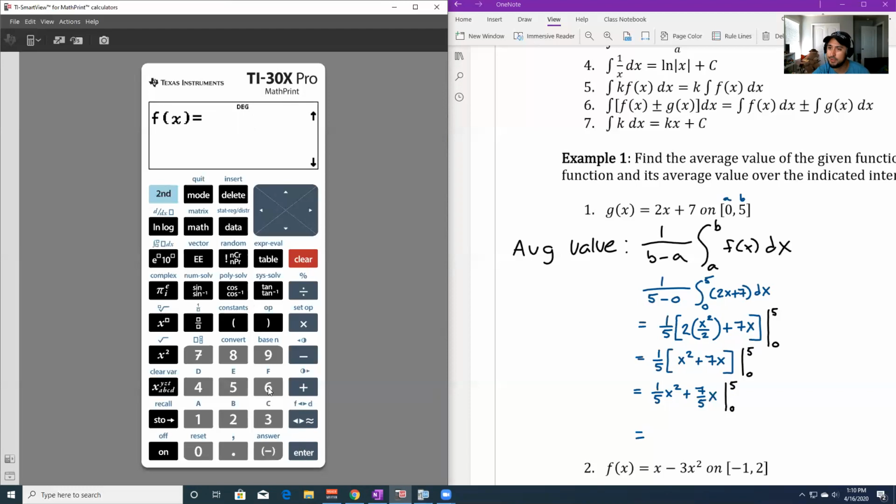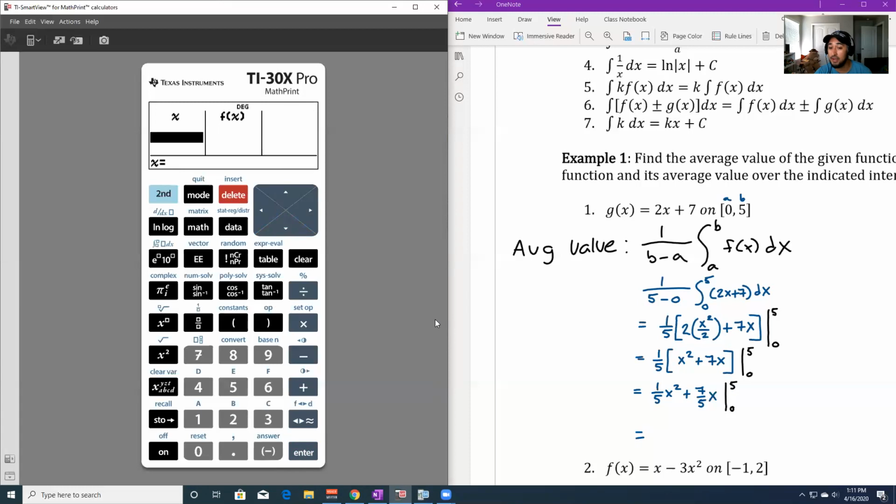Well, 1/5 is 0.2, so I can write this as 0.2 x squared plus 7/5. What's 7/5? 1.4 x. 0.2 x squared plus 1.4 x. Enter. No g of x. Enter. Table setup, make sure it's on ask x or x equals. Enter, enter.